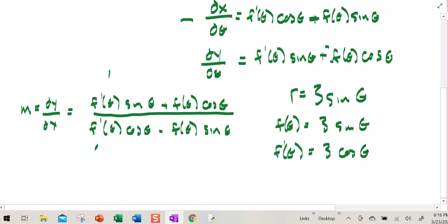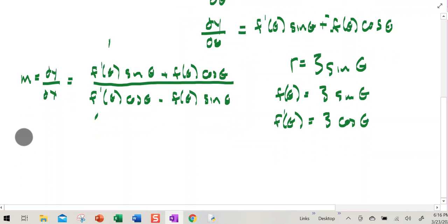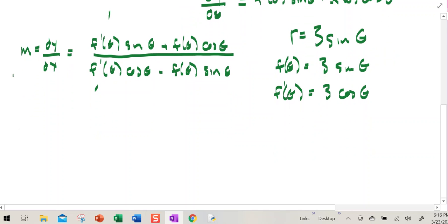So let's substitute into our derivative. So the slope is going to be equal to f prime of theta, which is 3 cosine theta, times the sine of theta, plus f of theta, which is 3 sine of theta, times cosine of theta.